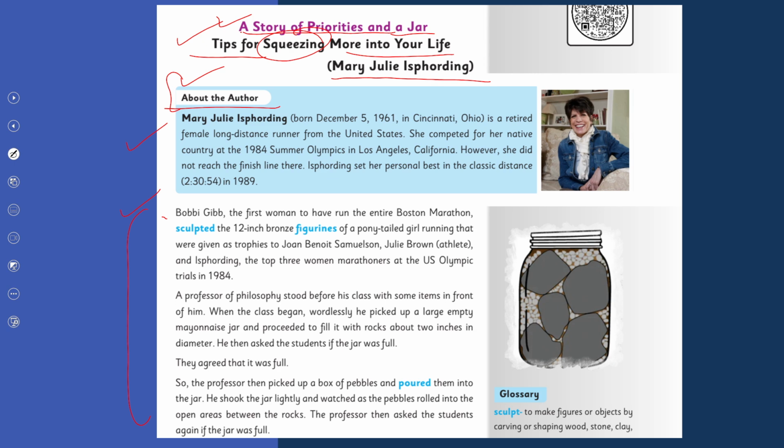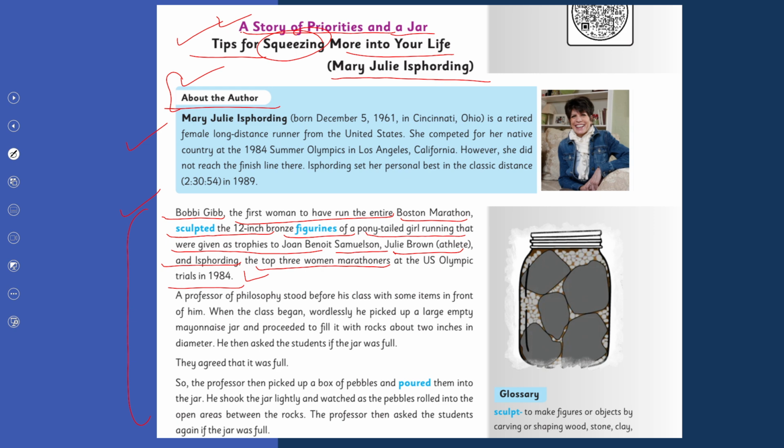Bobby Gibb, the first woman to have run the entire Boston Marathon, sculpted the 12-inch bronze figurines of a ponytailed girl running that were given as trophies to Joan Benoit Samuelson, Julie Brown, and Julie Isphording, the top 3 women marathoners at the US Olympic trials in 1984.